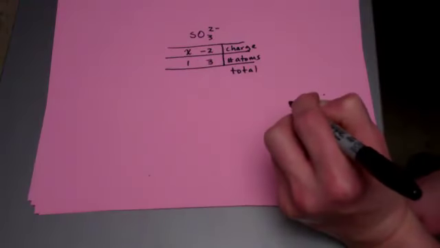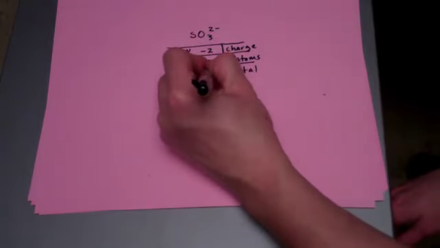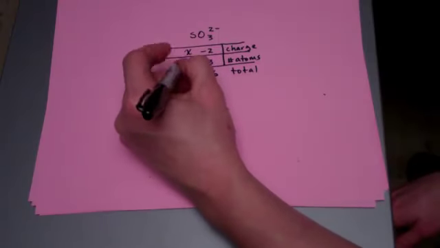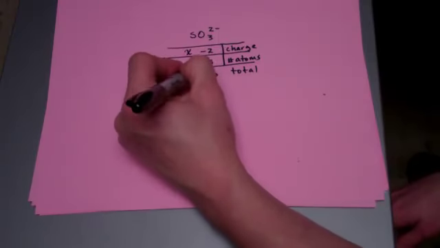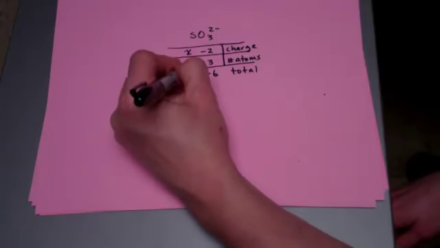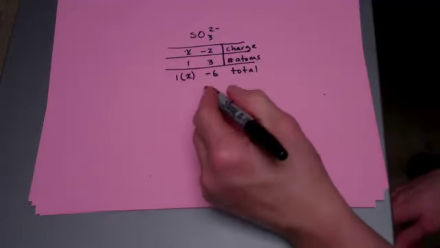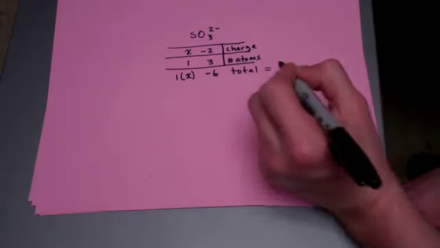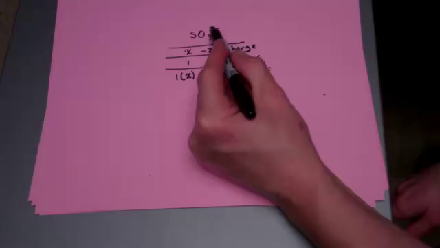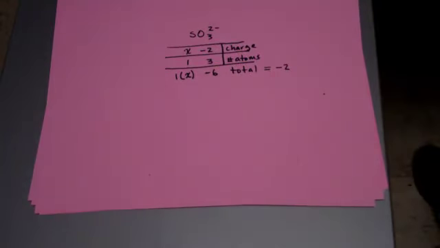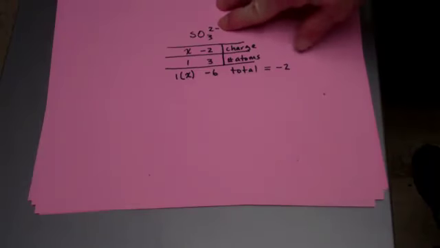So we've got a total negative charge of -6, and a positive charge over here, which is going to be 1 times X. And that's going to have to equal, instead of 0, a -2 charge as our total, because this is an anion and it's carrying extra electrons with it.